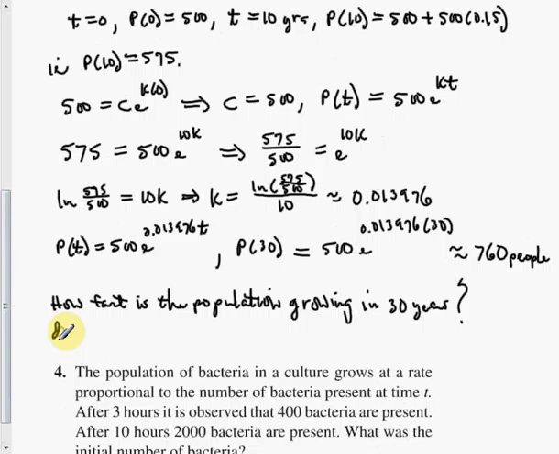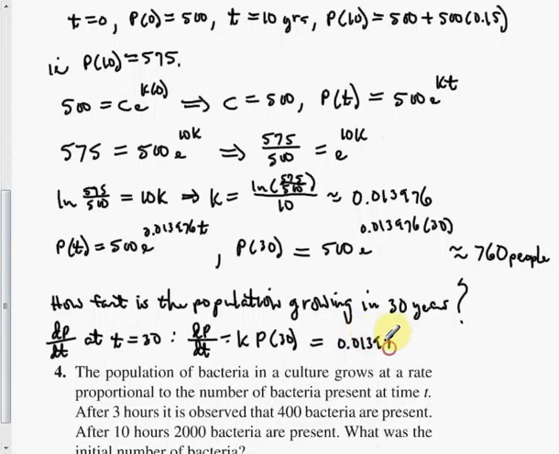Well, it is dP over dt at t equal to 30. So just look at that. dP over dt is already given to be the constant times the population, right? So the population at 30. So that constant is 0.013976, and then times P of 30, which you found to be 760.